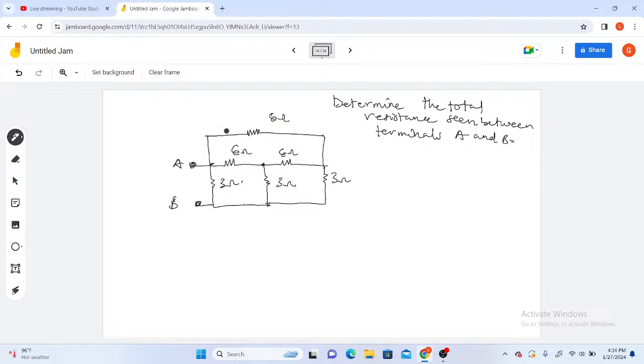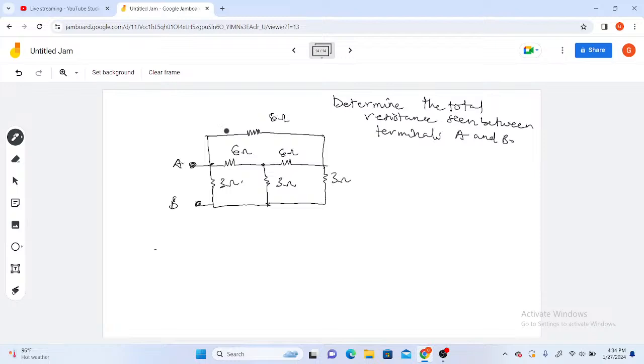Now, how do we begin? We learned about delta to star transformation, and this problem is where we're going to apply it. So please watch closely as I illustrate the delta to star transformation properly here. So this is a delta. We have to convert this to star before we can solve this problem.